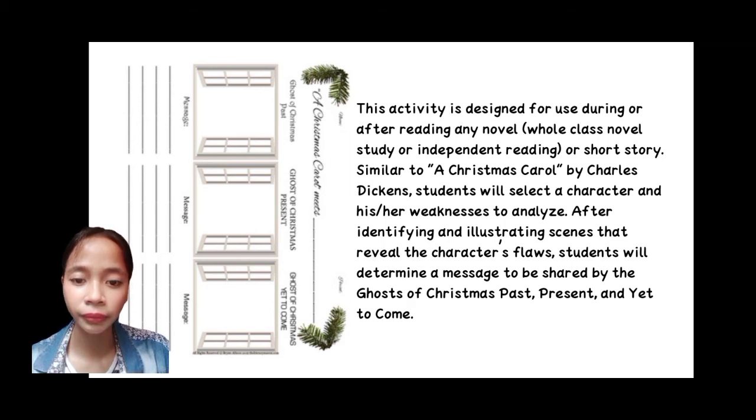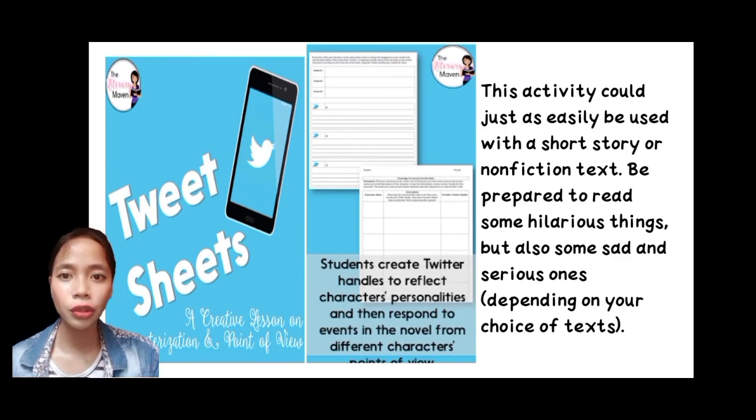The sixth is tweet sheets, a creative lesson on characterization and point of view. It is a group activity in which students listed six characters from their own novel and described each character using evidence from the text.